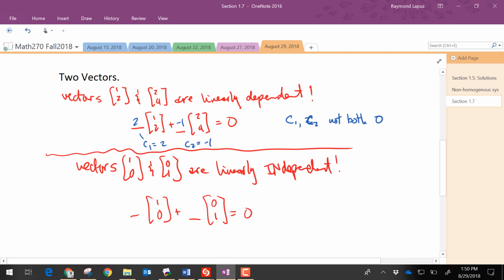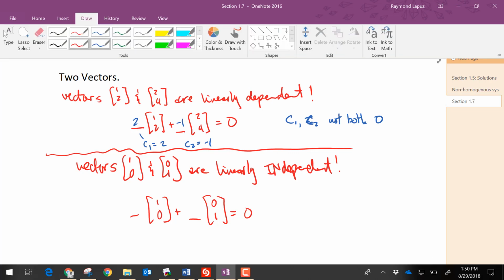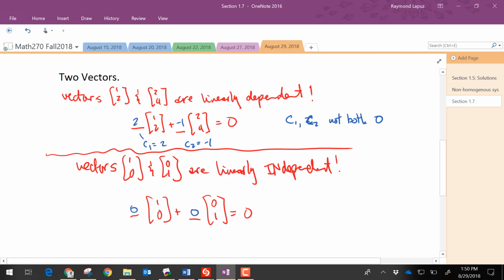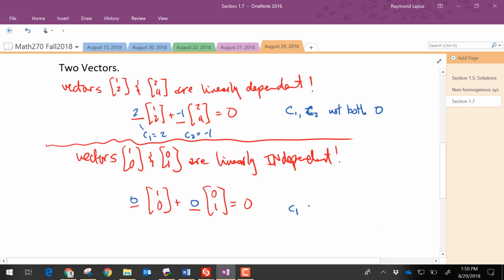Now, what two numbers can I put in here so that these two things are equal to 0? There are no other numbers that I can put here except for 0 and 0. C1, C2 both have to be 0 for this to work. It has only the trivial solution.